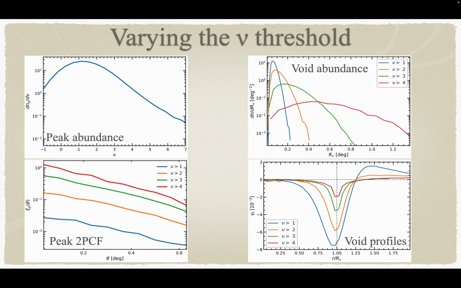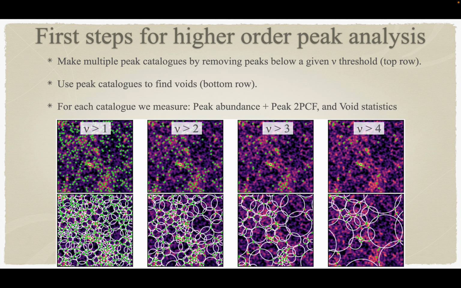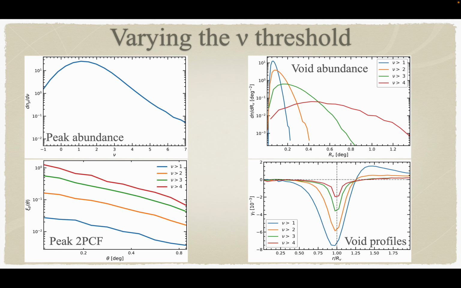On the top right, we are looking at the void abundance as a function of this new threshold, where we see that the largest voids are in the highest new threshold catalogues, and the smallest voids are in the lowest new threshold catalogues. This is similar to what we saw on the previous slide. And for the void profiles on the bottom right, we see that the deepest profiles come from the smallest new threshold catalogue, and the sharpest profiles come from the highest new threshold catalogue, where the sharpness here is just how quickly the void profile peaks at the void boundary.